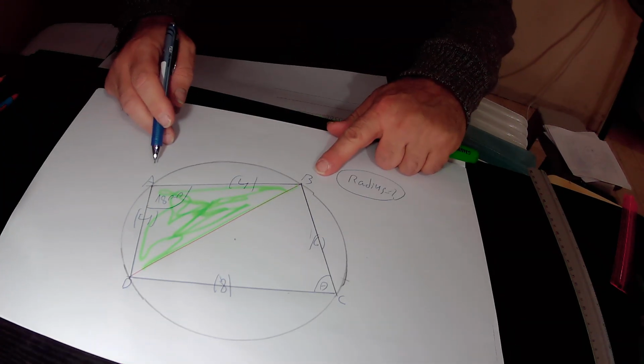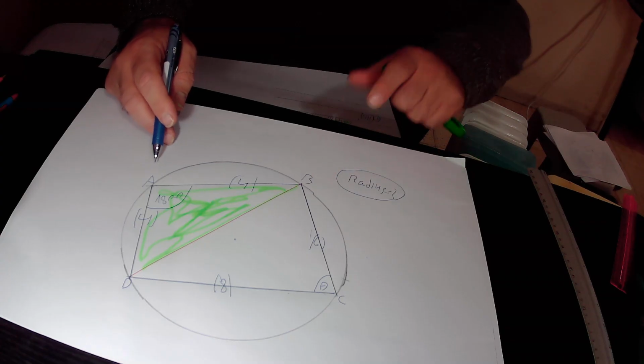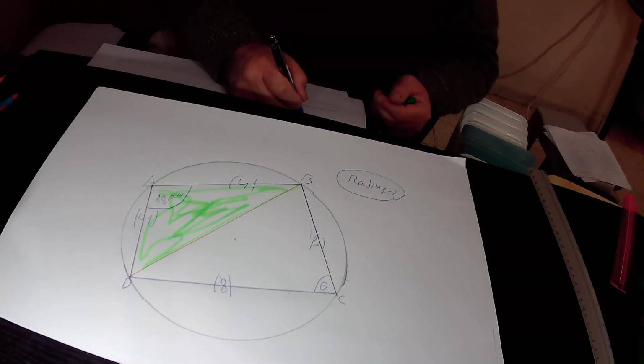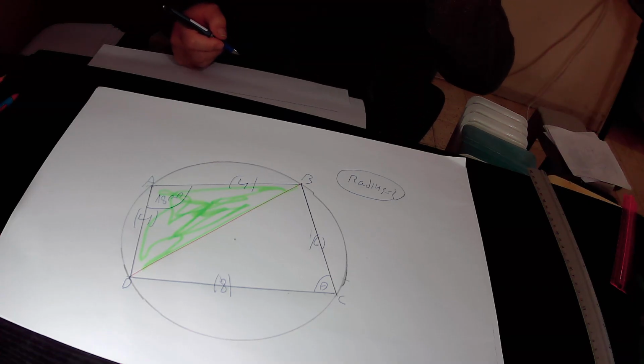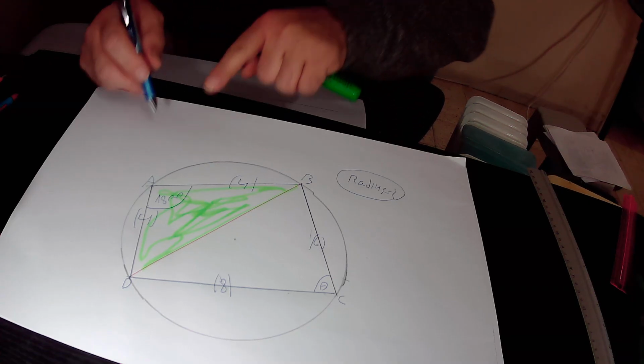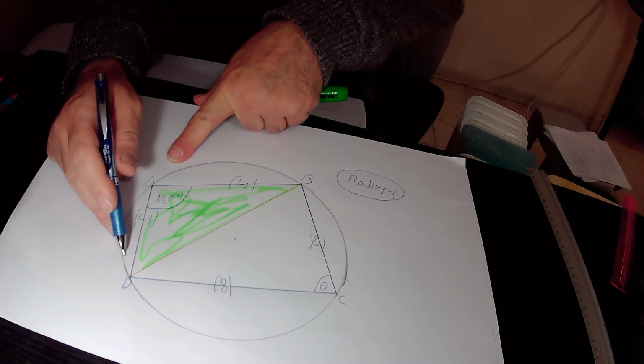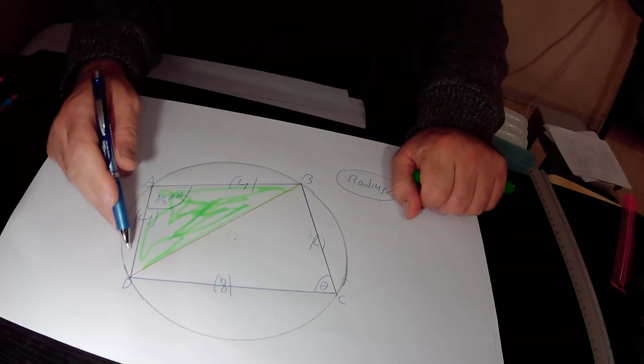AB is 4, therefore AB squared is 4 squared, that is 16. Plus AD squared. AD is also 4, so AD squared is 4 squared, that is also 16.